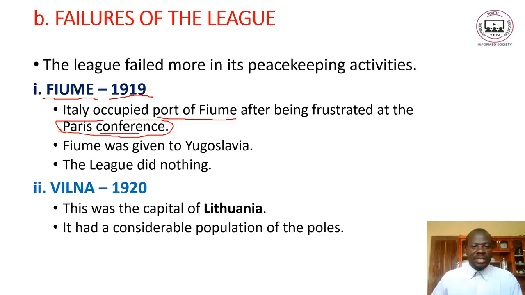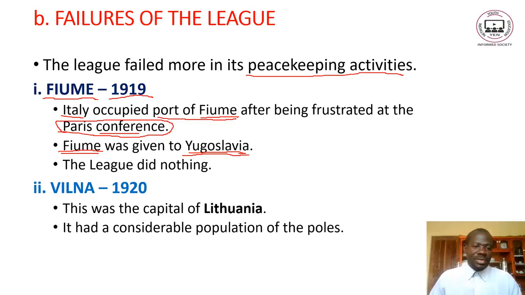During the allocation of territories, Fiume was given to Yugoslavia. The League did not do anything when Italy invaded Fiume, because it was the same settlement at the Versailles Treaty that decided Fiume should go to Yugoslavia. But when Italy invaded Fiume, we see the League doing nothing. So there, it failed in peacekeeping activities.